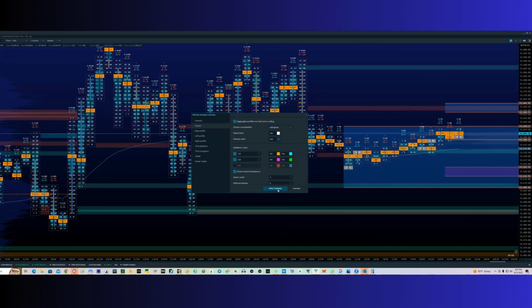I think these two are important enough that you can focus on them and use them to your advantage. I don't really want to add any more overlapping colors and stuff like that. That's going to create a little confusion.